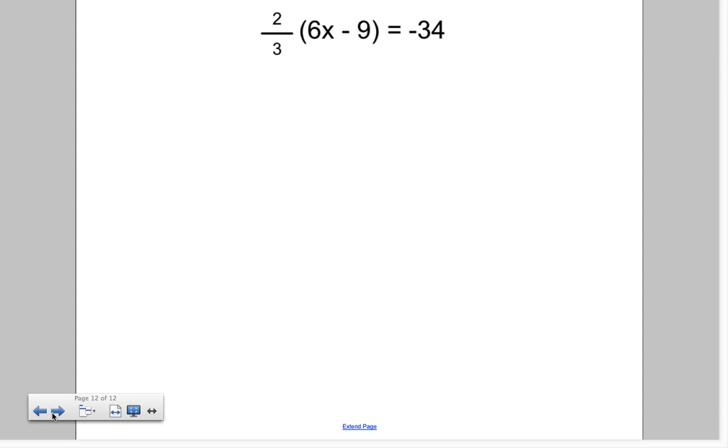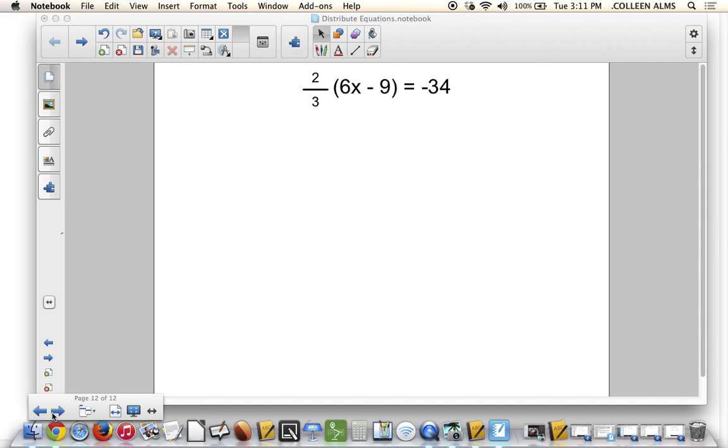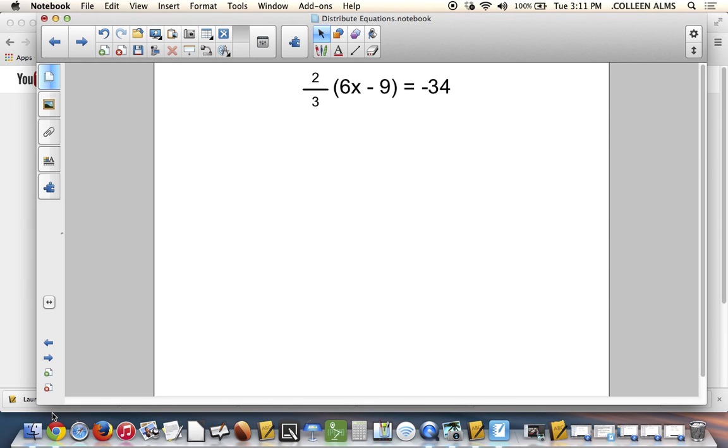You just distributed 2/3. I just multiplied by 2, divided by 3. 2 times 6x, 12x. Divided by 3, 4x. 2 times 9 is 18. Divide by 3, 6. You just distributed it 2/3. That's why fractions are a piece of cake if you think about it the way that I do. And that's what we're going to go over tomorrow.